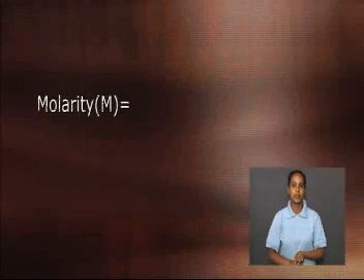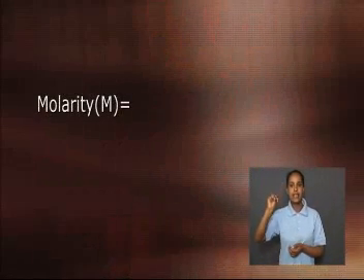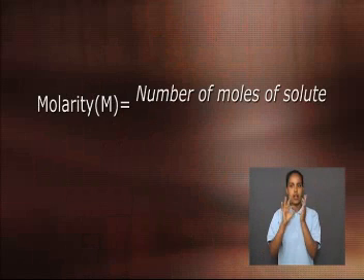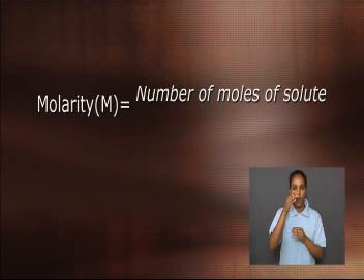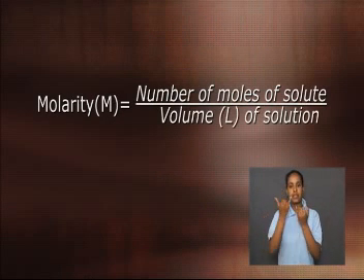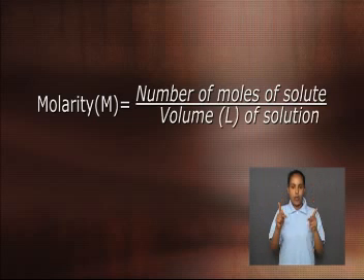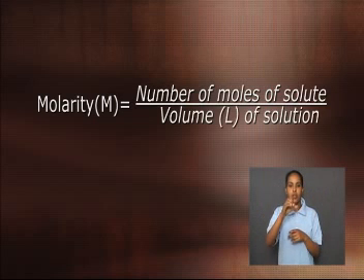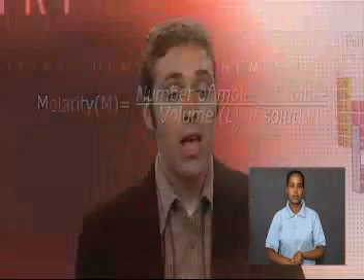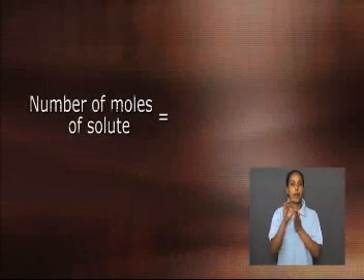Molarity can be determined using this equation. Molarity is equal to the number of moles of a solute divided by the volume of the solution in liters. However, in order to do that, you must first determine the number of moles of a solute.